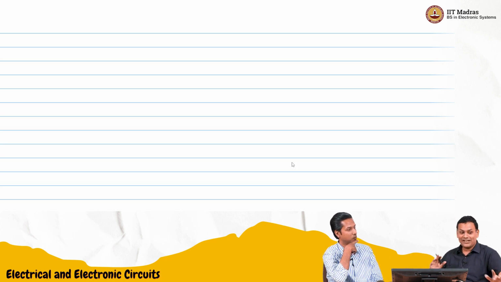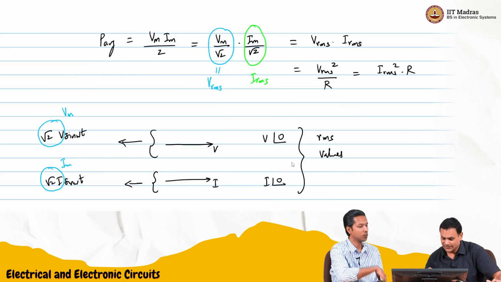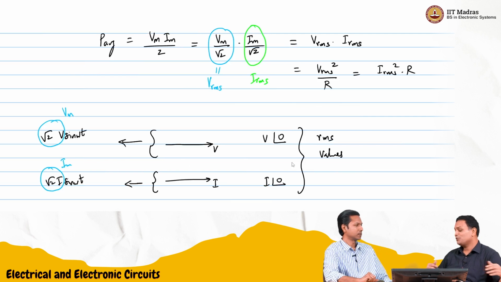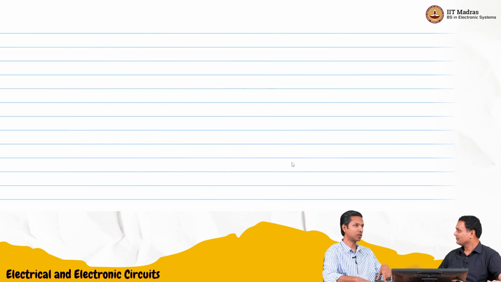In power delivery systems, you are interested in power, so you just use the RMS, draw the phasor diagrams with RMS, and very easily calculate power. So when people say 230 volt, the peak value is root 2 times 230.